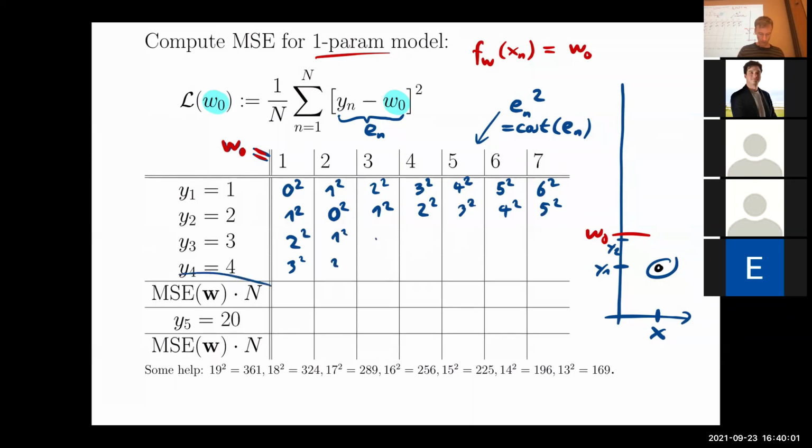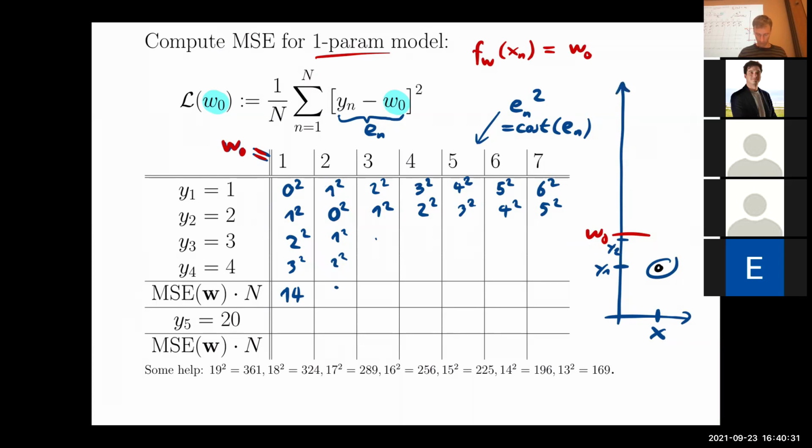What I want to do now is have the whole sum over all my 4 data points. So what's the cost of all the 4 points together? That is very simple. I will just add up all these things. So this is 1 plus 4 plus 9, which is apparently 14. And here, if my model happens to be 2, that's the one I have on the right, then I actually get a lower overall cost, which is quite nice.